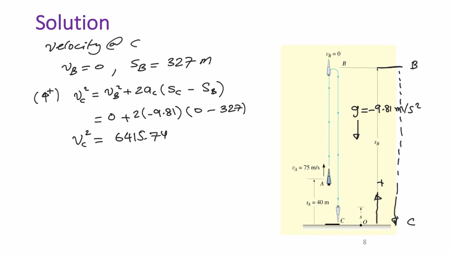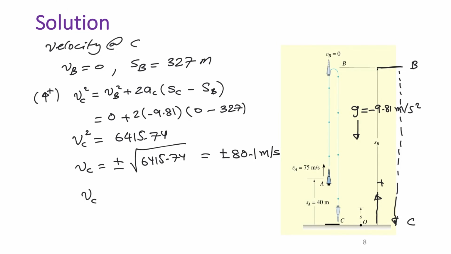Now, if you take the square root of 6415.74, you get plus or minus 80.1 meter per second. We are going to select the negative root, not the positive one.